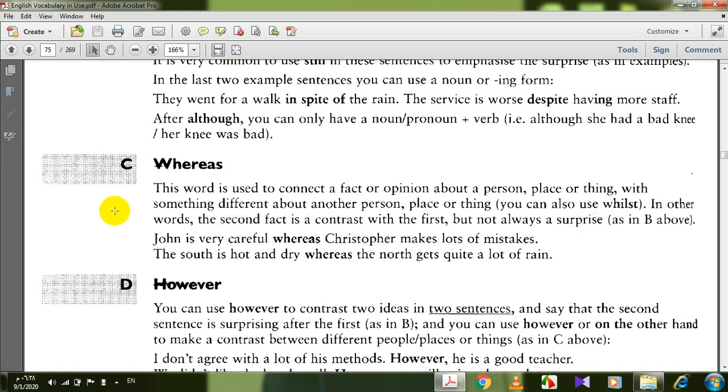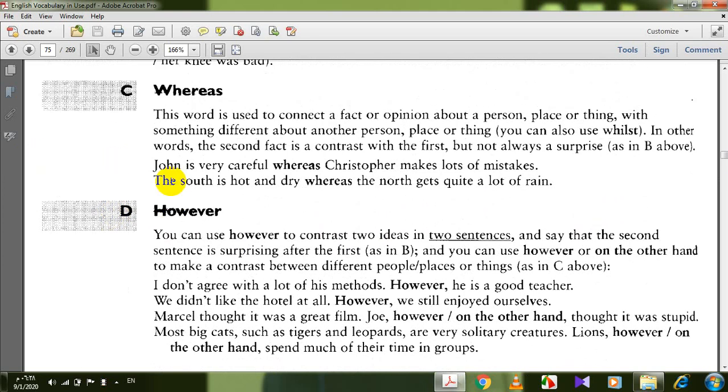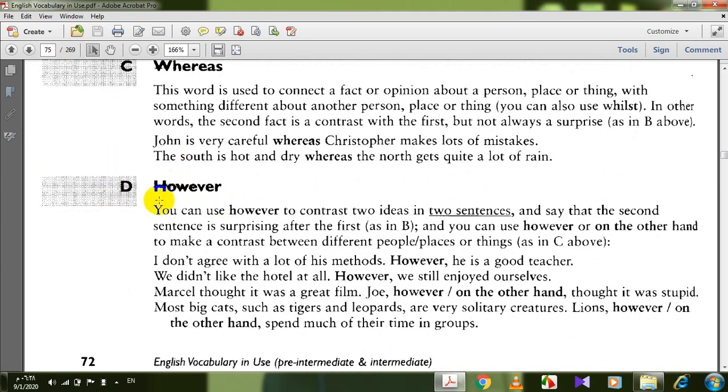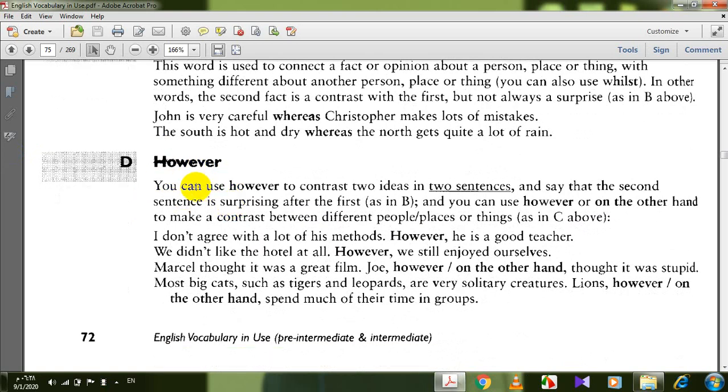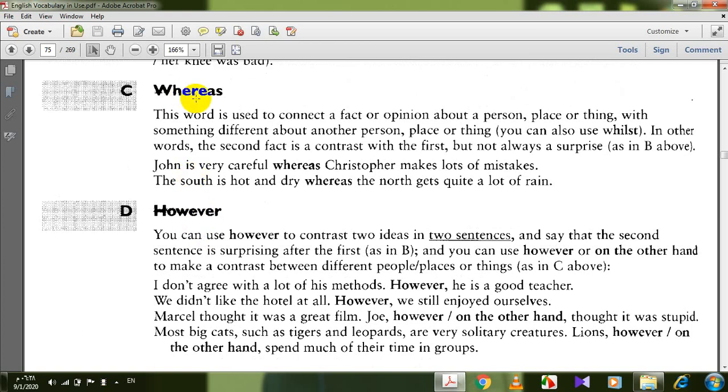However, of course, we are done with whereas, and now we need to go to however.